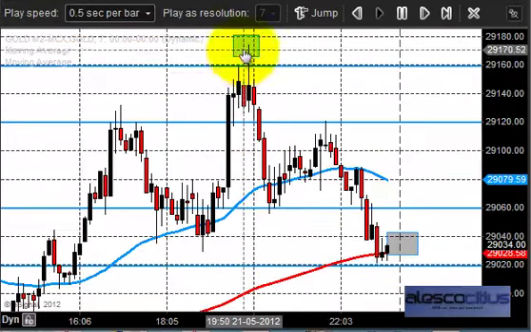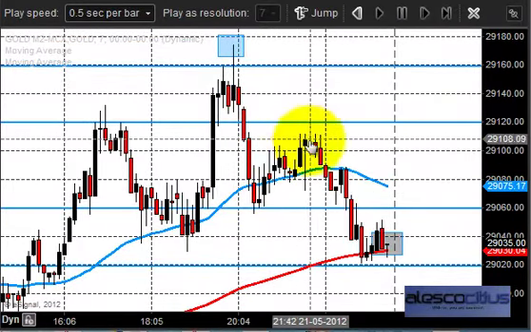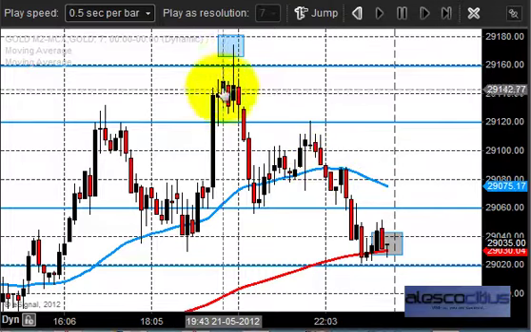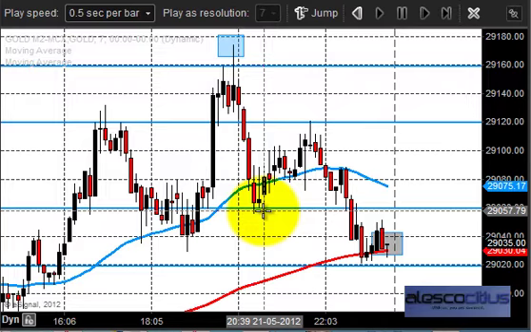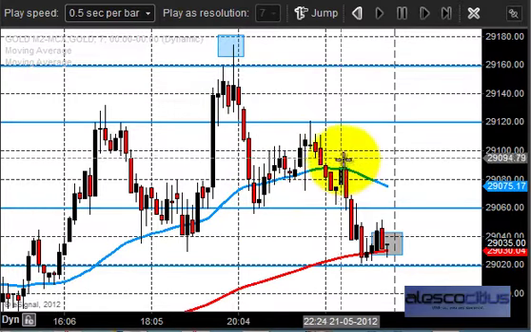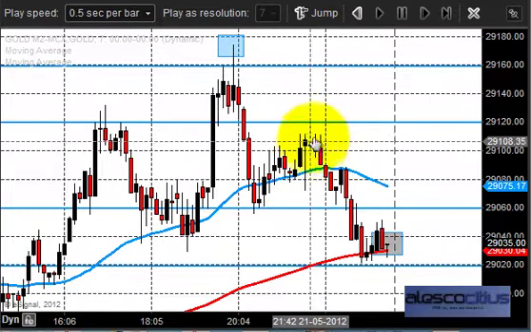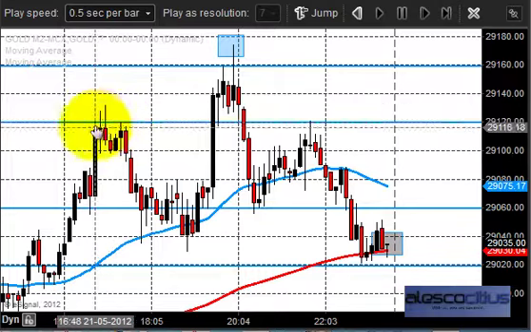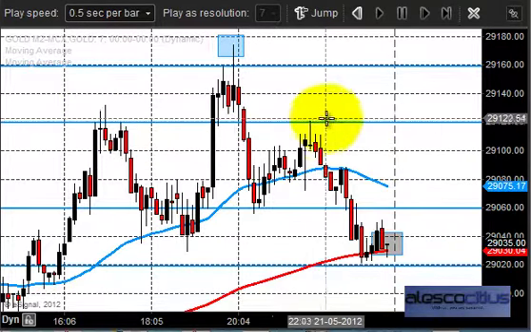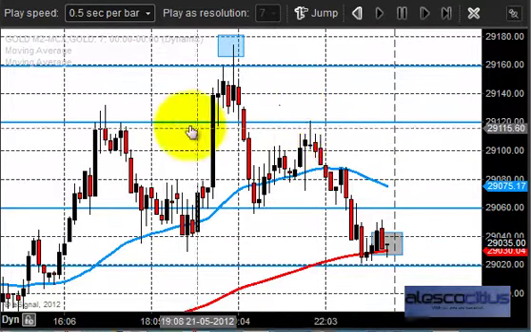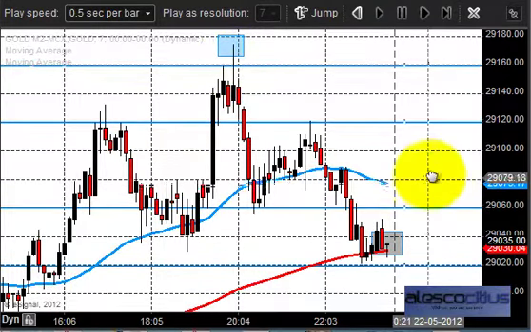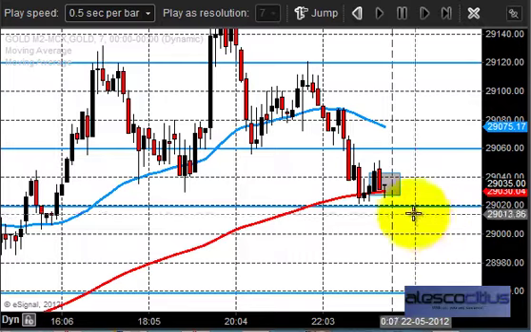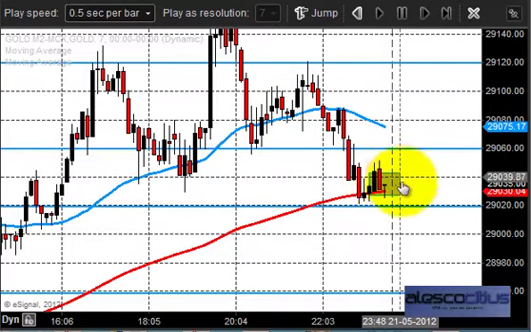After taking a resistance here also, you can see the market dropped down, took the support around 29,060, went back and tested the resistance of 29,120. You can see how many tops it has formed. 29,120 created one top, and at 29,120 you can see there are two tops, and it created a high and closed around 29,035.